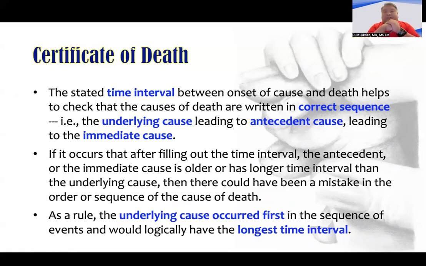If it occurs that after filling out the time interval, the antecedent or the immediate cause is older or has a longer interval compared to the underlying cause, then you know that it's a faulty death certificate. As a rule, the underlying cause occurred first, and therefore, in terms of the sequence of events, would logically have the longest time interval.